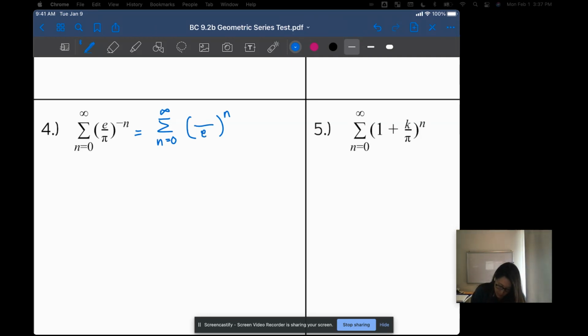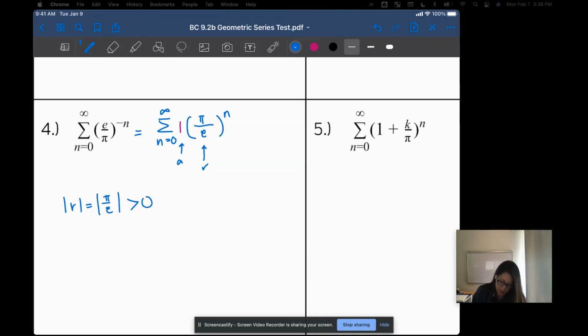So the e is going to go to the bottom, the pi is going to the top, and there's an invisible 1 on the outside. And then I write that the a is equal to 1, the r is equal to pi over e. So the absolute value of r is equal to the absolute value of pi over e, which is greater than 0.